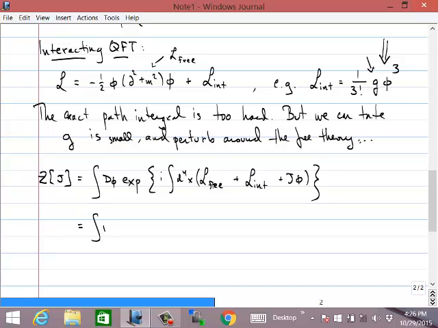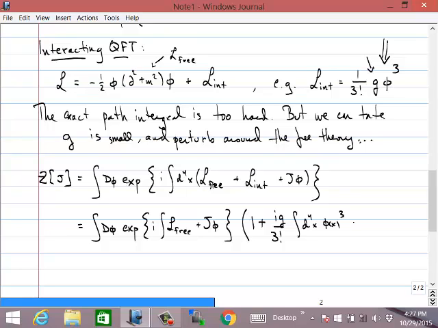So this would be an integral d phi of e to the i times, well, let's just call it integral of L free plus J phi. And then we'll take that e to the i integral of L, and we'll just expand it out in a Taylor series. So you'll get 1 plus ig over 3 factorial times the integral d^4x of phi of x cubed plus higher order terms.